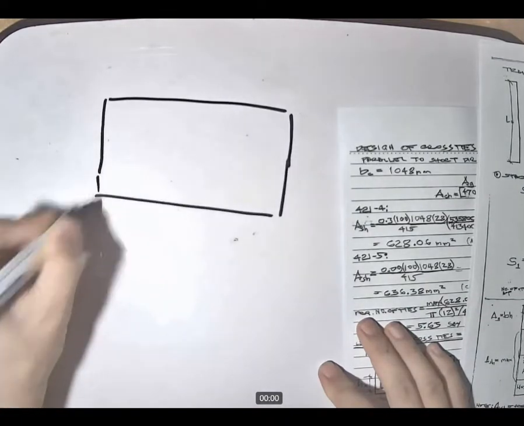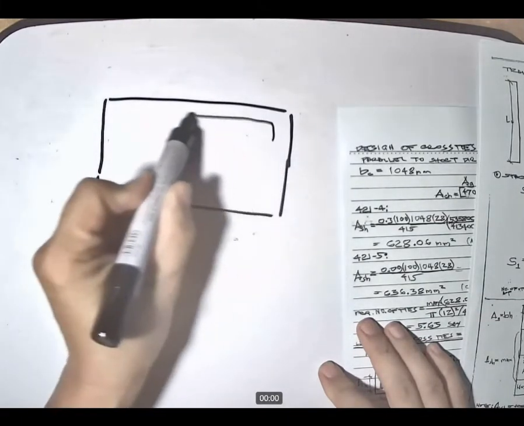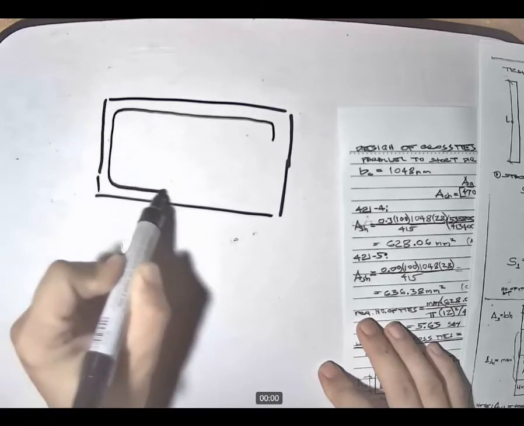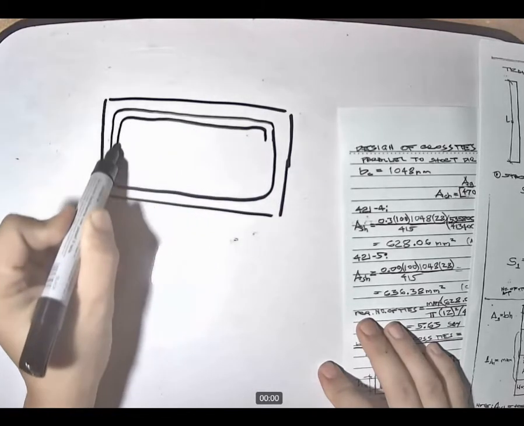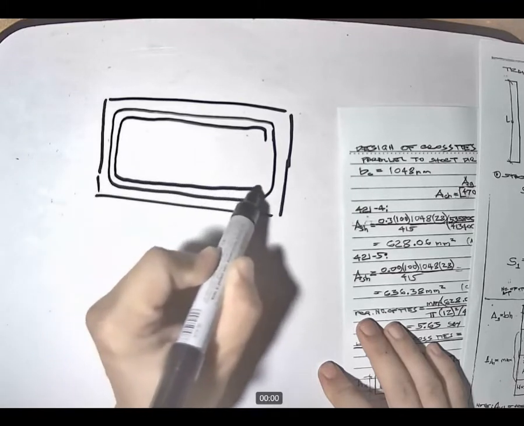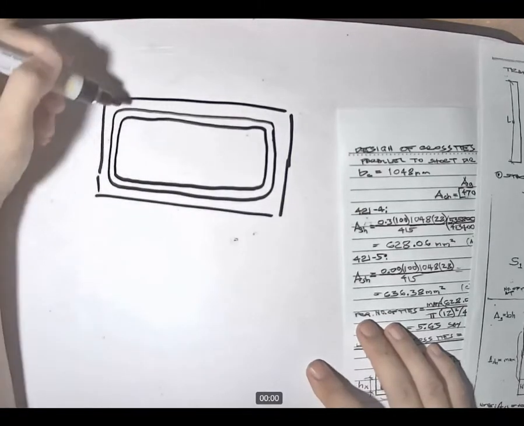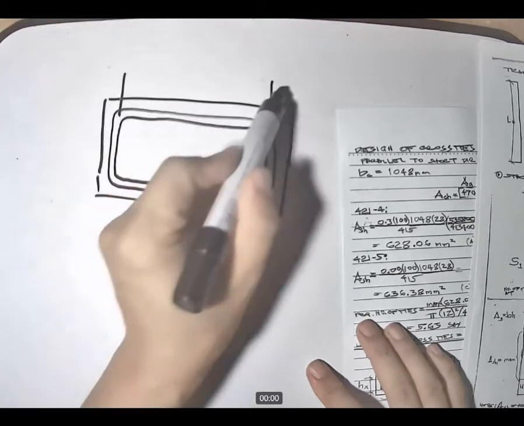Okay? So, sample, ganito yon. So, let's say this is the closed ties or hoop ties. Center to center niyan.